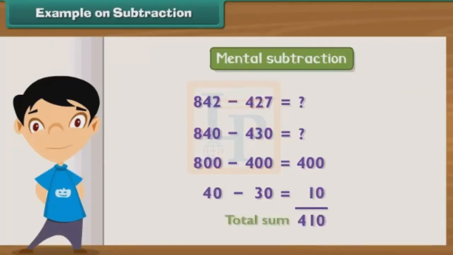Therefore, the difference between 840 and 430 is 410. But we subtracted an additional 3 when we subtracted 430 instead of 427. So we add 3 to the difference. We left out 2 when we subtracted 430 from 840 and not 842. So we add 2 more to the difference. Thus, the result of subtracting 427 from 842 is 415.